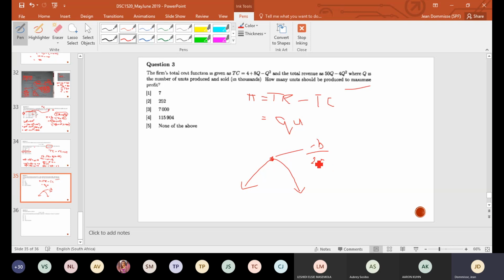Okay, I just know we've got not a lot of time, so I'll rather give you tips now on how you would have done it. So you would have basically said the total revenue minus the total cost. It will still give you a quadratic equation, and to maximize or to minimize, you will need to just work out the turning point. Then again, just look at it in thousands.